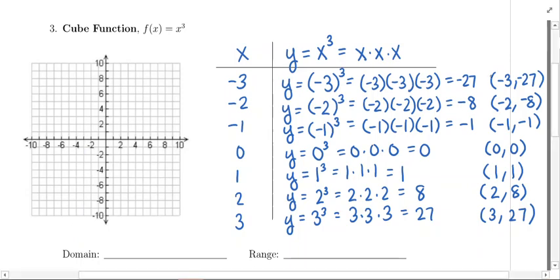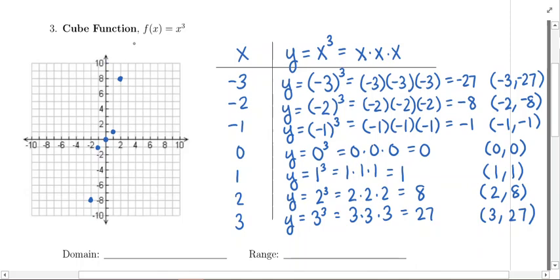We're going to start with -2, -8 because it will actually fit on our grid. So -2, -8 is right here. Then we'll plot -1, -1, and then the origin, and then 1, 1, and then 2, 8 is right here. When you get to 3, 27, again, we can find x equals 3, but our y values on this grid only go up to 10.